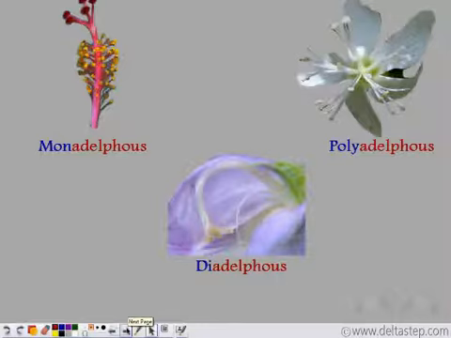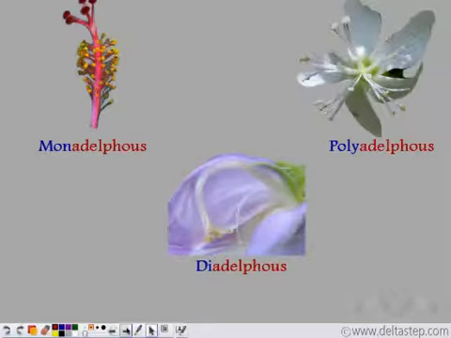These are the various arrangements of stamen. Stamens are present inside the Androecium, which is the male part of a flower. Now, if the stamens are fused together to form a single unit, then that arrangement is known as monadelphous.